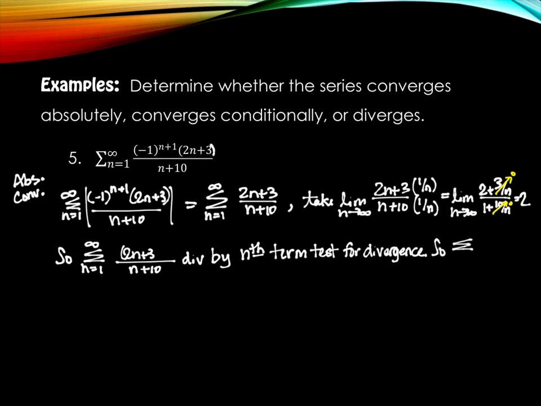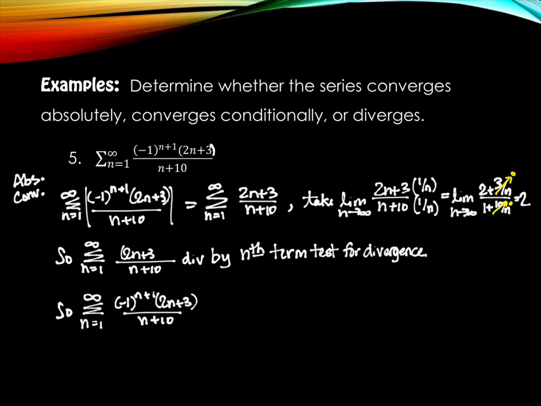So the series that we started out with, n equal 1 to infinity of negative 1 to the n plus 1 times, I'm out of space, let me move down. All right, here we go, 2n plus 3 over n plus 10.